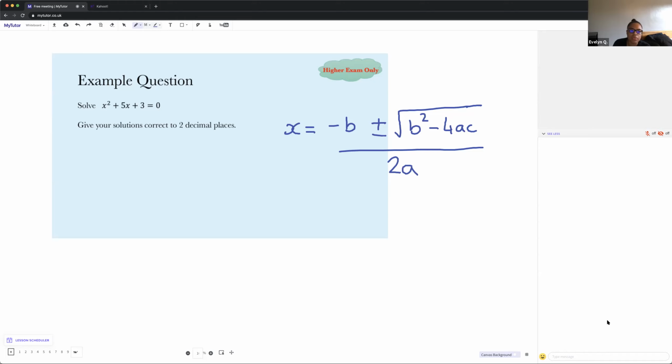But for higher students, when you're using the graph to find turning points or roots and whatnot, sometimes you have to use certain methods, like say completing the square or factorising, to be able to find those points on a quadratic graph. So there are times where you will be asked to use particular methods.